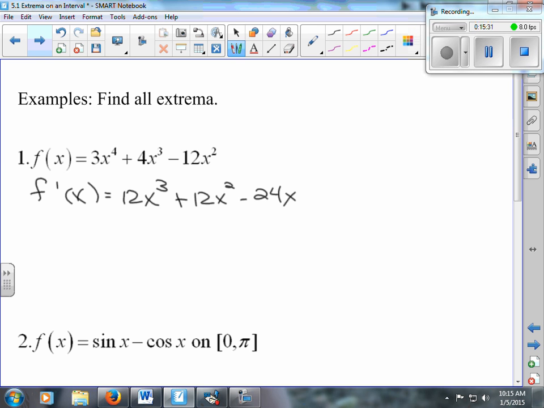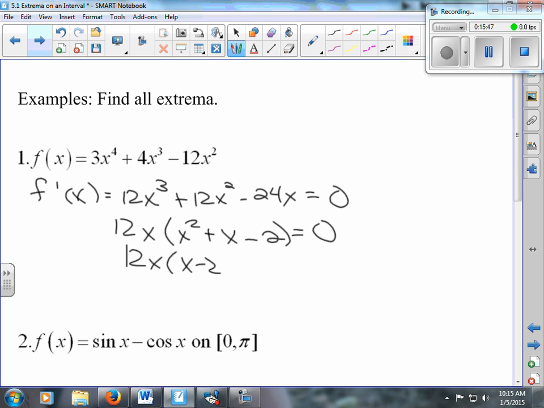Now I'm going to set this equal to 0 and solve for x. Well, this has a lot of common factors. So 12x comes out. This leaves me with x squared plus x minus 2. And then that factors as x minus 1... x minus 2, x plus 1. And so I have critical numbers of 0, 2, and negative 1.